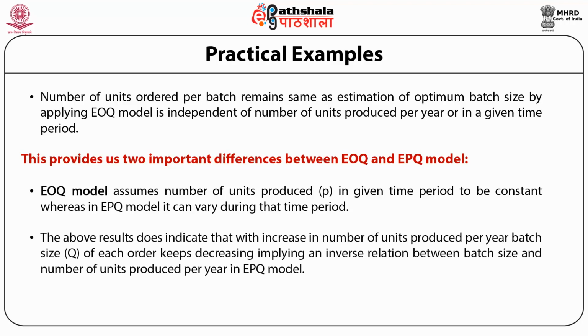The above results do indicate that with increase in number of units produced per year, batch size Q of each order keeps decreasing, implying an inverse relation between batch size and number of units produced per year in EPQ model, whereas batch size in EOQ remains same.